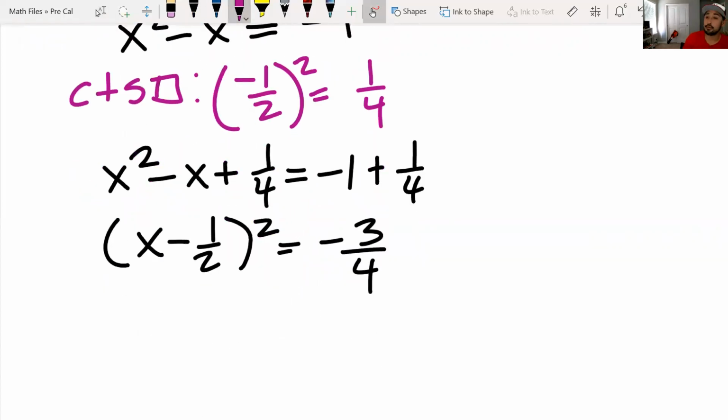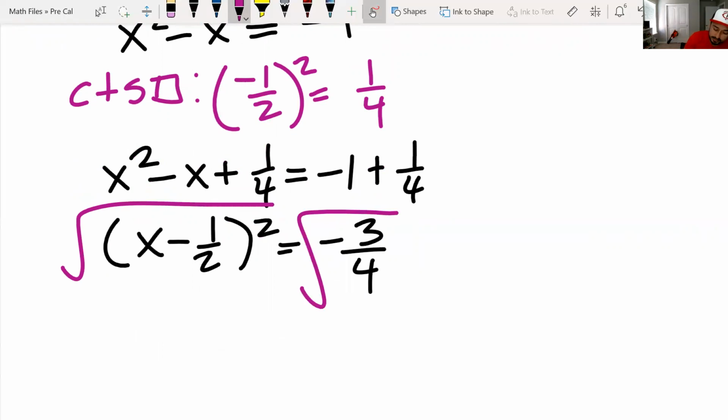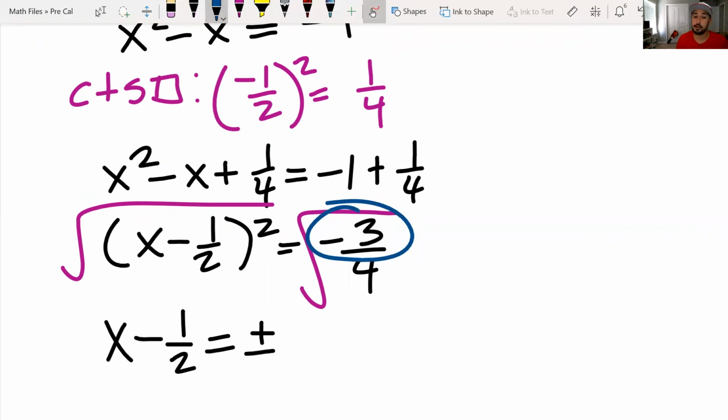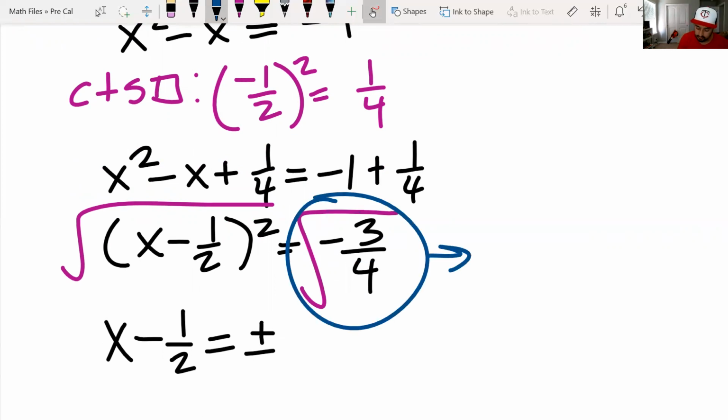And then after we do that, we would square root both sides, but we run into an issue here. You get x minus 1/2 equal to plus or minus. What happens here? The square root of a negative gives us imaginaries.